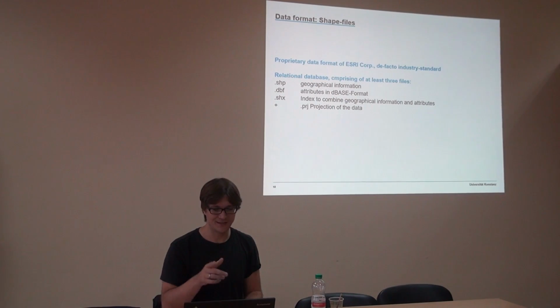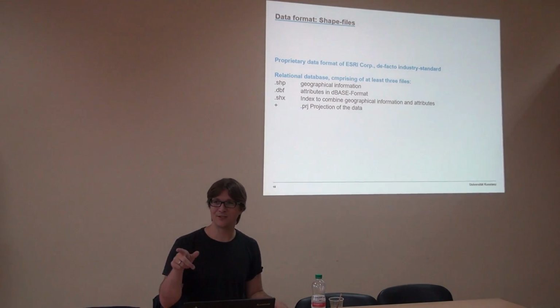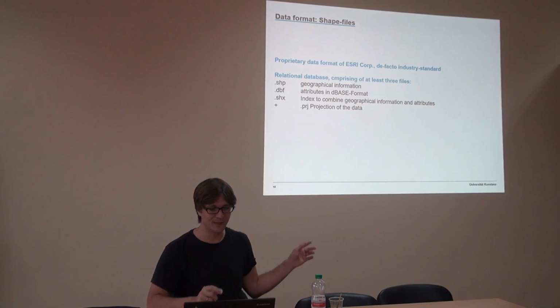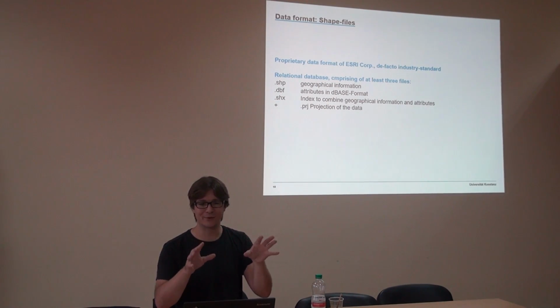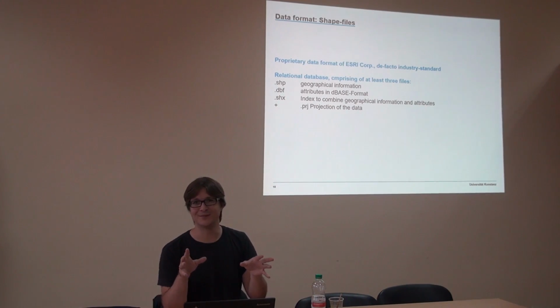And there's an index to combine geographic information and attributes, and often you also have a PRJ file that tells the program the projection and the coordinate system of the data.